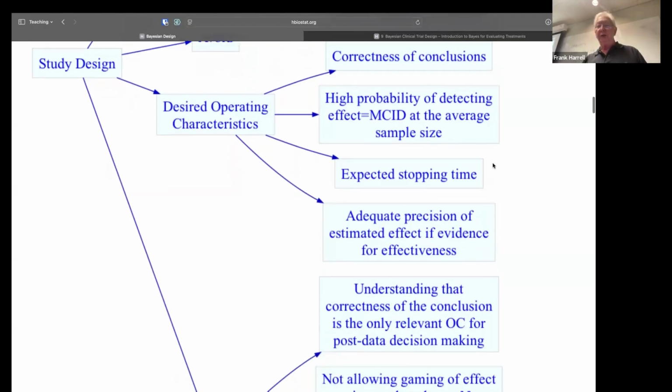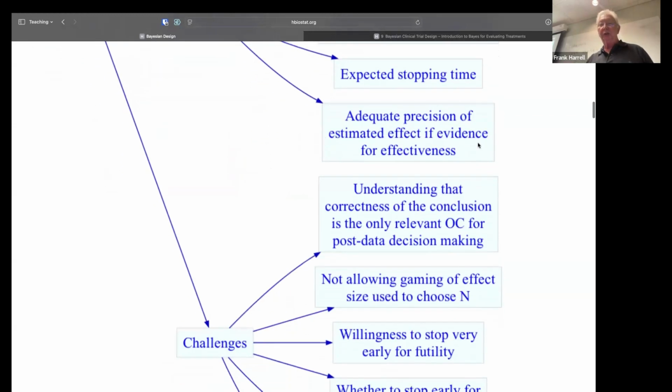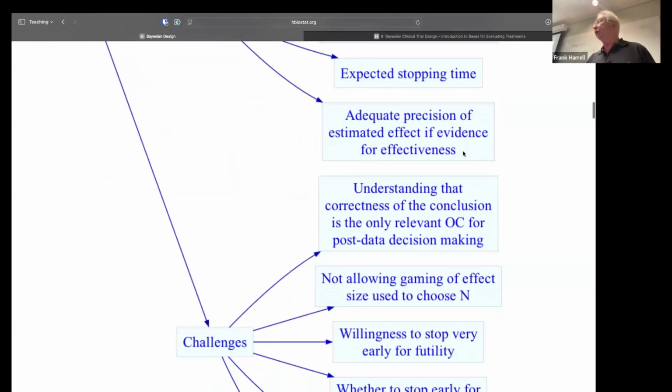This is another operating characteristic that we're not taught to emphasize in the frequentist world, which is your expected stopping time. We don't really give credit for being more efficient than the sample size you planned on. So I think we should give credit for that. We want to get adequate precision if there is evidence for effectiveness.